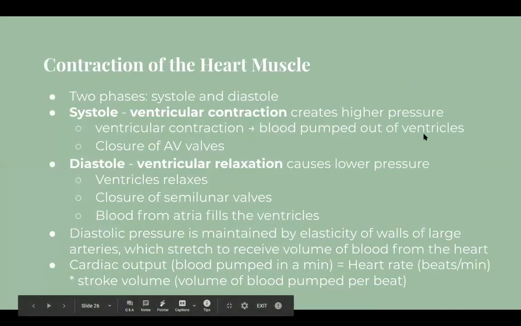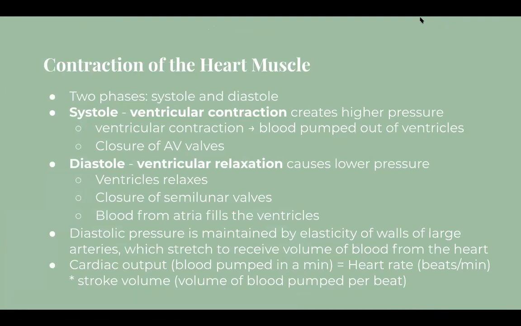And this slide says much of what I just said in more words. Systole, ventricular contraction, diastole, ventricular relaxation. Obviously systole has higher pressure to create enough force to pump blood out of the heart. And in systole, the atrioventricular valves are closed to prevent backflow of the blood back into the atria.